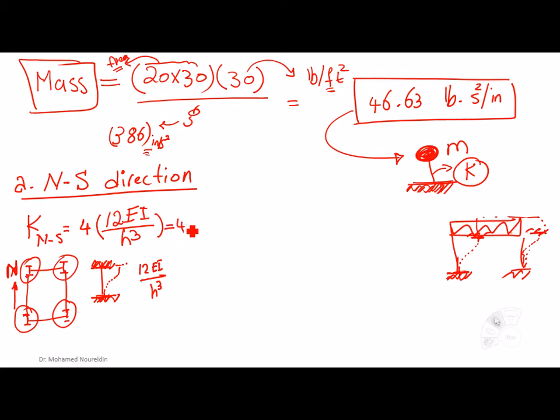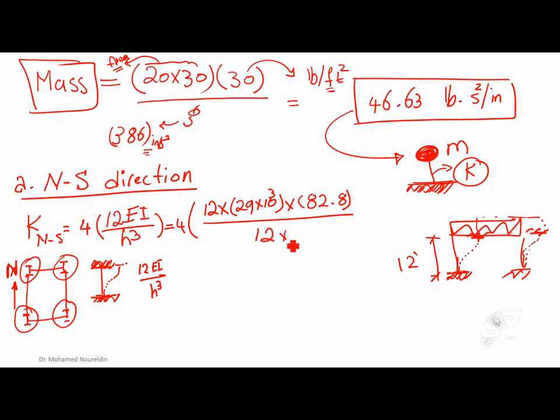So we have 4 here, and then 12 in the numerator multiplied by E, which is 29 times 10 to the power 3, as we know, and times I, which is the larger I, exactly 82.8, right? This is going to be over 12 feet, which is the height of the column, but we're going to convert it to inches, so we multiply by another 12 here. This 12 is for conversion.